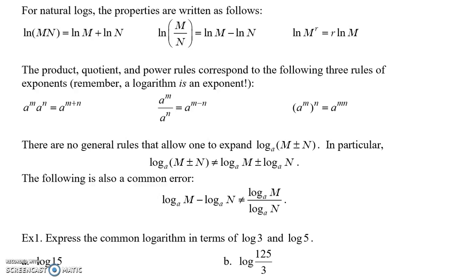So when you multiply and the base is the same, you add the exponents. It becomes a to the m plus n. If you're dividing a to the m by a to the n, you subtract the exponents. It becomes a to the m minus n. And then if you raise a to the m to the nth power, that becomes a to the product of m and n.